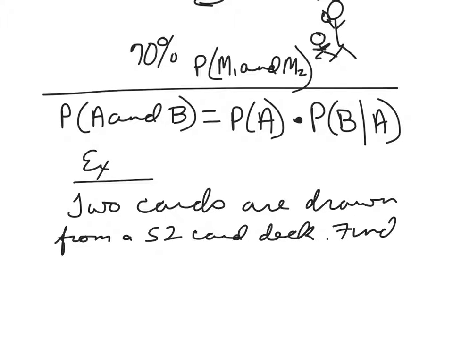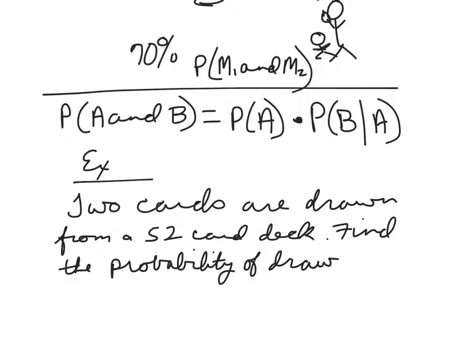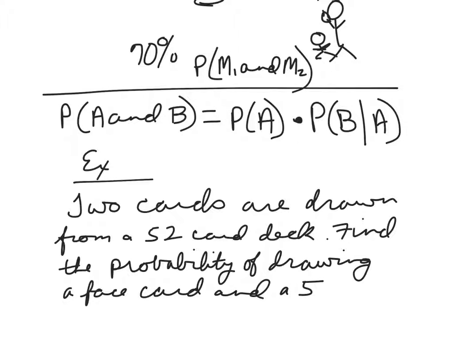Find the probability of drawing a face card and a 5 in 2 successive draws. That's the kind of problem I was looking for.